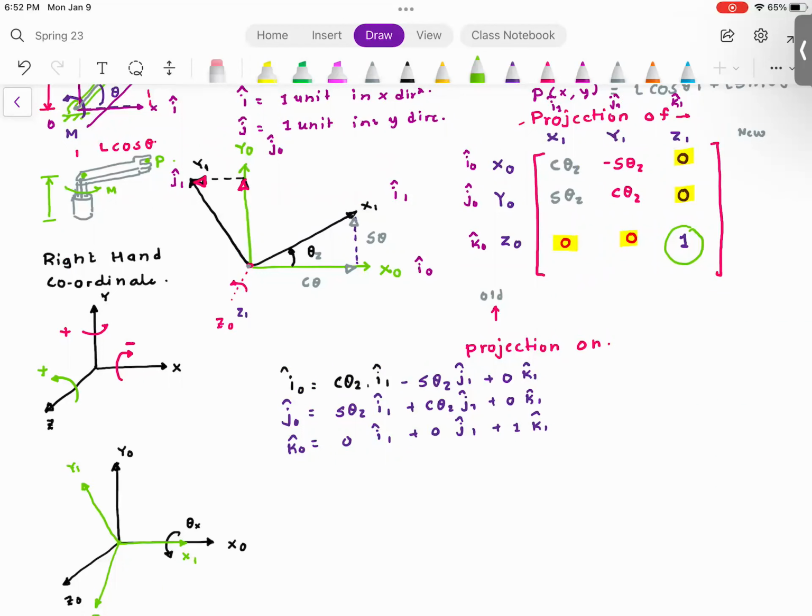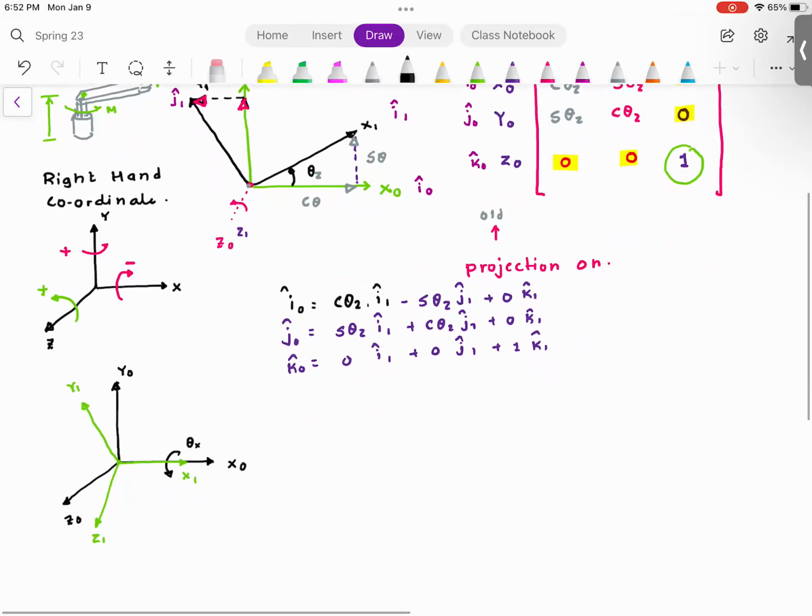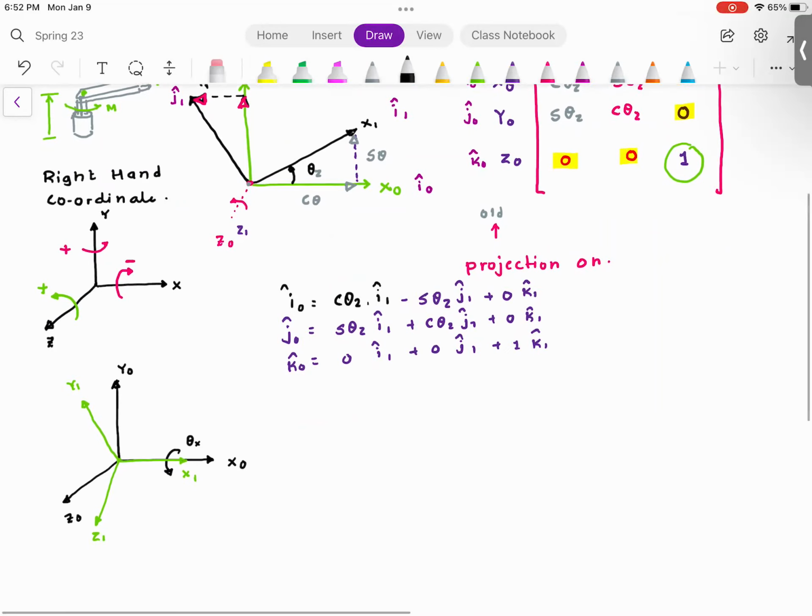Any questions? So now here, what's going to happen? Again, draw the projection. What is our new frame? x1, y1 and z1. What is our old frame? x0, y0, and z0. So we have to draw perpendiculars onto the old frame.